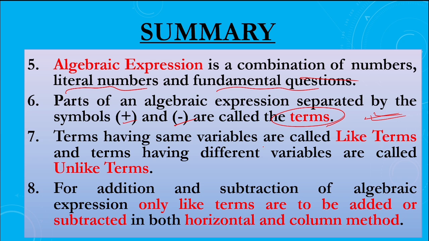Terms having the same variable are called like terms, and terms having different variables are called unlike terms. For addition and subtraction of algebraic expressions, only like terms can be added and unlike terms cannot be added, and addition and subtraction can be done in two methods: horizontal method and column method.